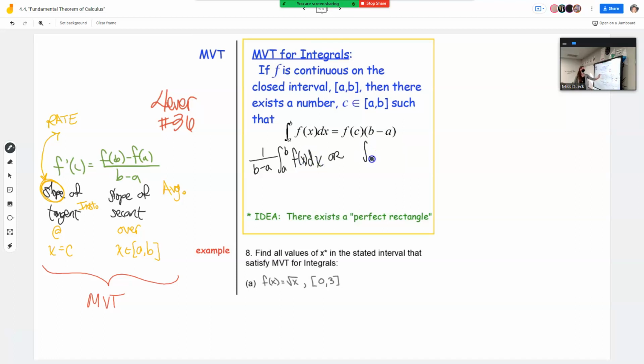Or another way of looking at it is the integral from a to b of f of x dx over b minus a, which I could then say is the exact same thing as using my definite integral idea and the FTC, fundamental theorem of calculus, f of b minus f of a all over b minus a. And all of a sudden we come full circle and we're right back at that average.